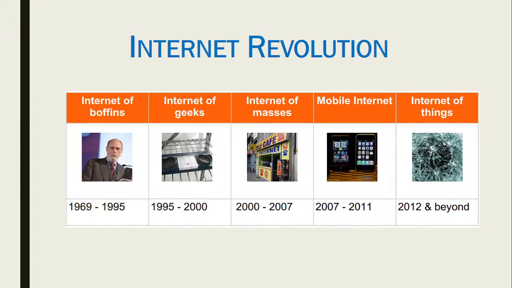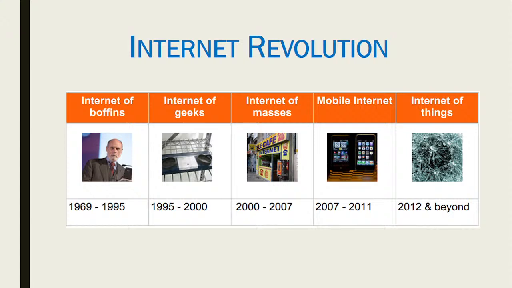The internet can be divided into different eras. If you were born in the 80s or 90s, you have lived through this era of the internet, but most of us were only aware of it after the late 90s or early 2000s.